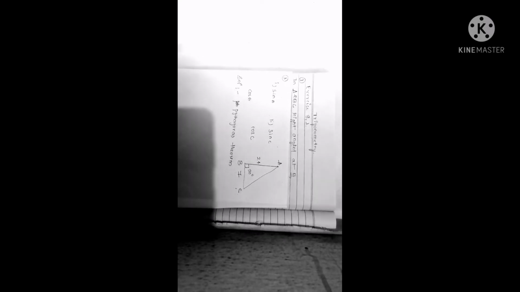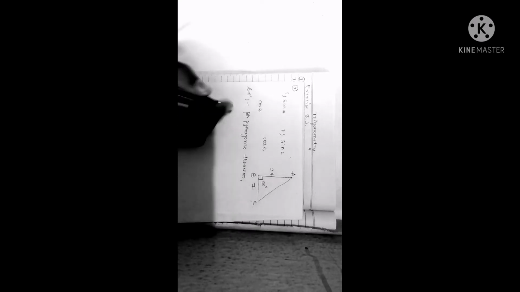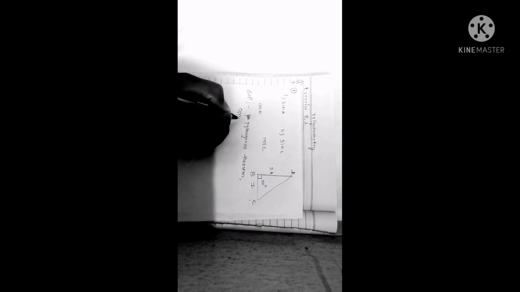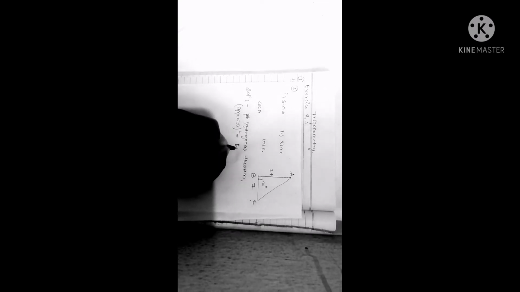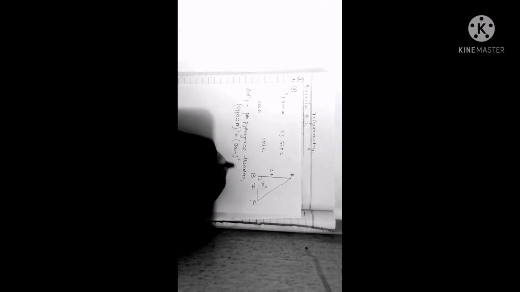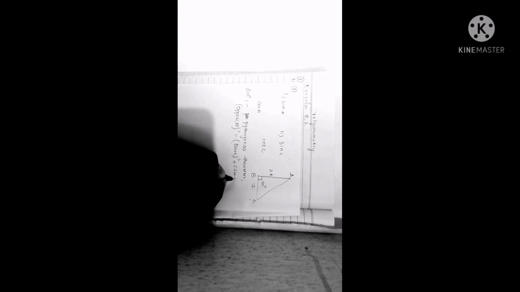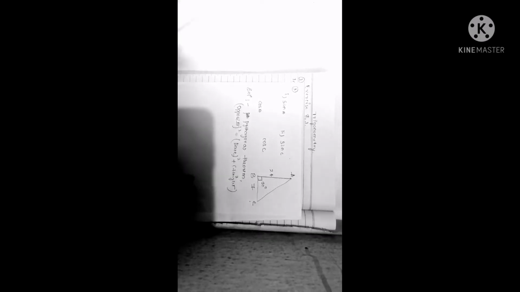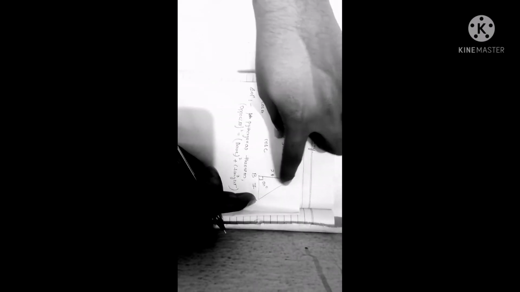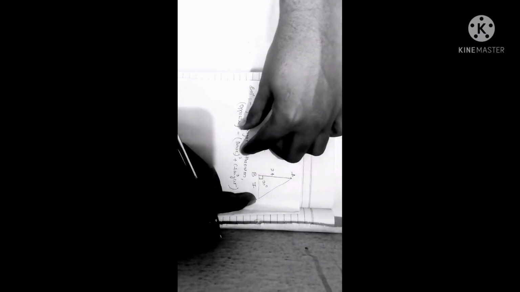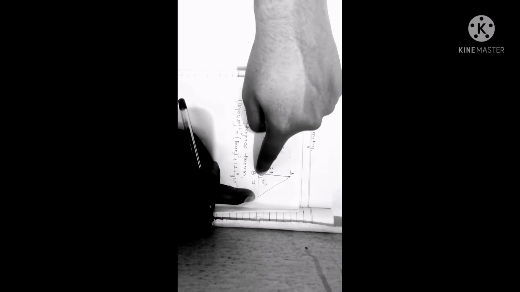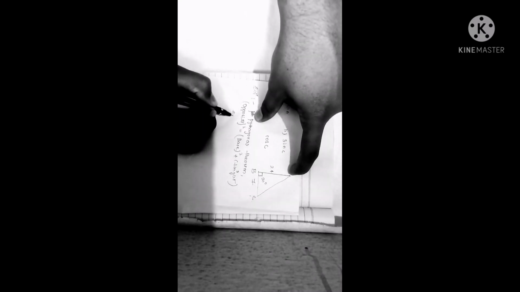What does Pythagoras tell us? There is one formula: opposite square equals base square plus height square. Opposite square is AC with respect to 90 degree. When you come under Pythagoras, we take the side opposite the 90 degree, AC square.